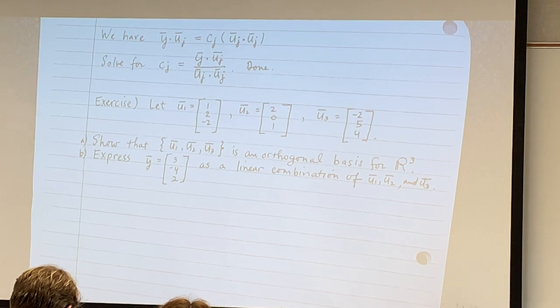Now, I think I want to write a little bit. So I'm going to turn the projector off and screen up, and we'll do this exercise together. So this will be a nice concrete experience. In the exercise, I'm giving you 3 vectors. U1 is 1, 2, negative 2.